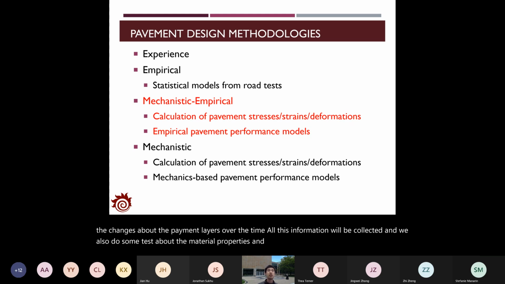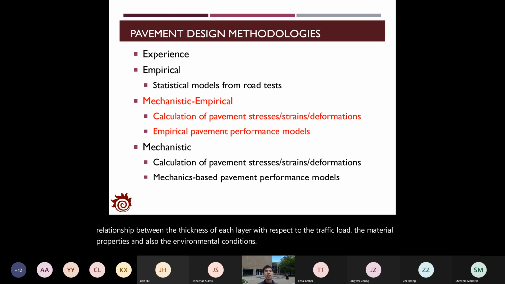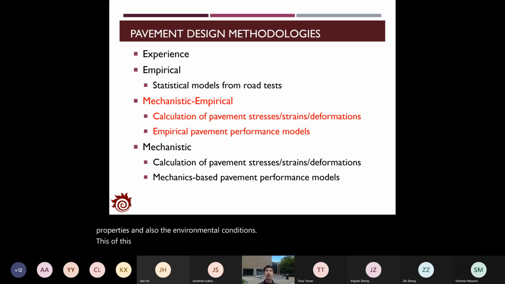Then, using this data, we build a statistical model which directly shows the relationship between the thickness of each layer and the traffic load, the material properties, and the environmental conditions. This method, the empirical method, is more reliable, but without knowing the insights about the design, we cannot guarantee that we will always have a reliable design in all different situations.